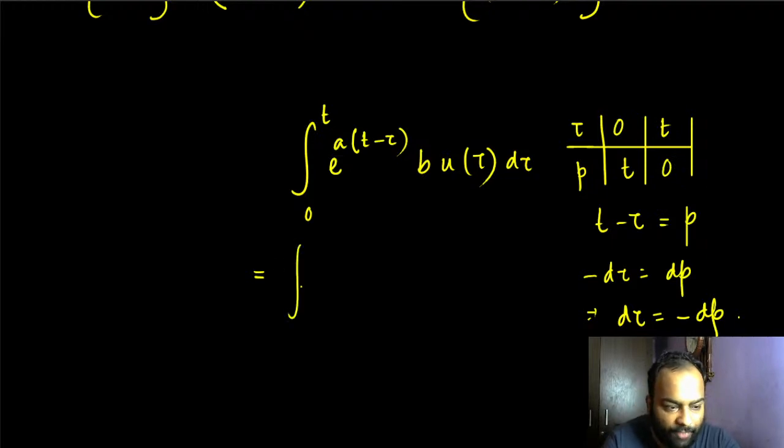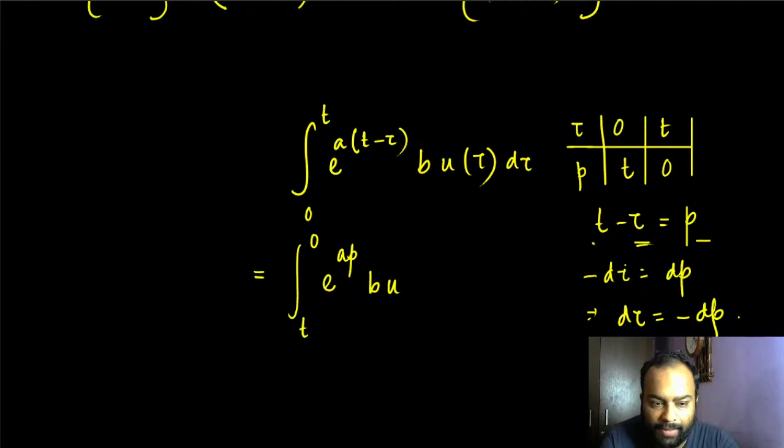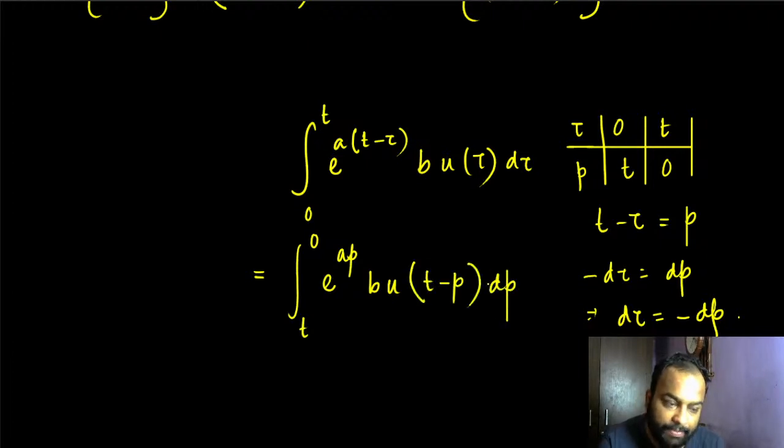So the limits are from t to 0. So I have e to the power a p, b u, and instead of tau I would have t minus p, with a minus dp, right?